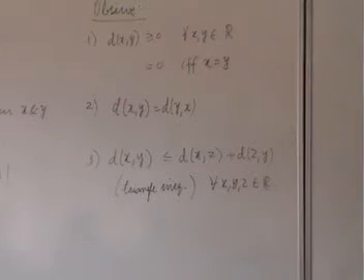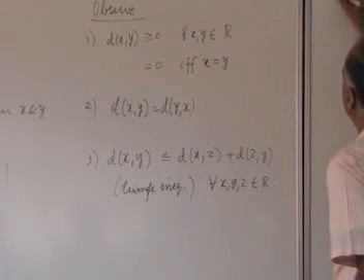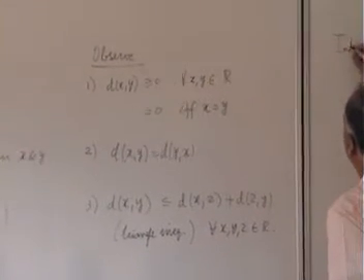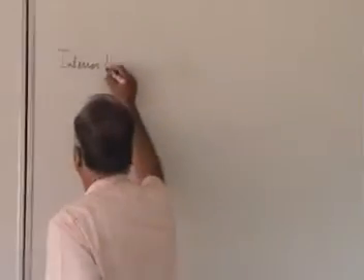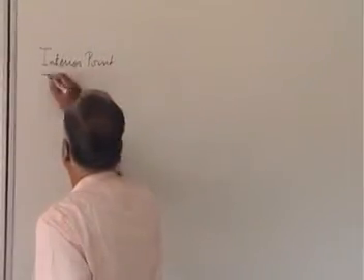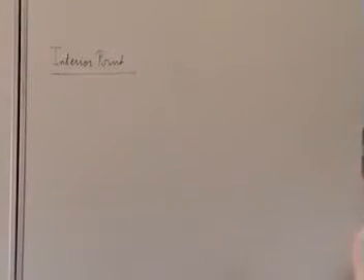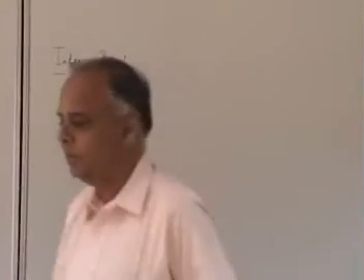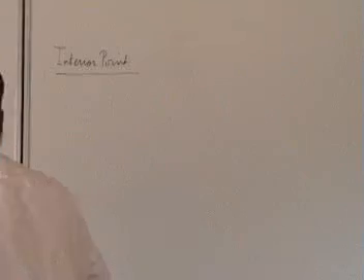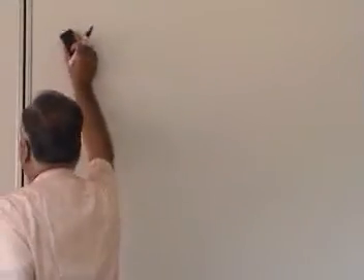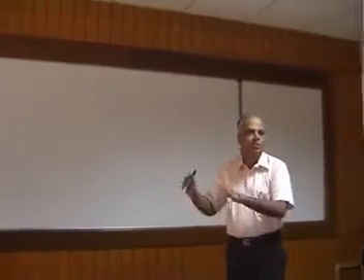Now, what we do is the following. Therefore we have a set R, and we have the notion of a distance between two points of R, which has these three properties.